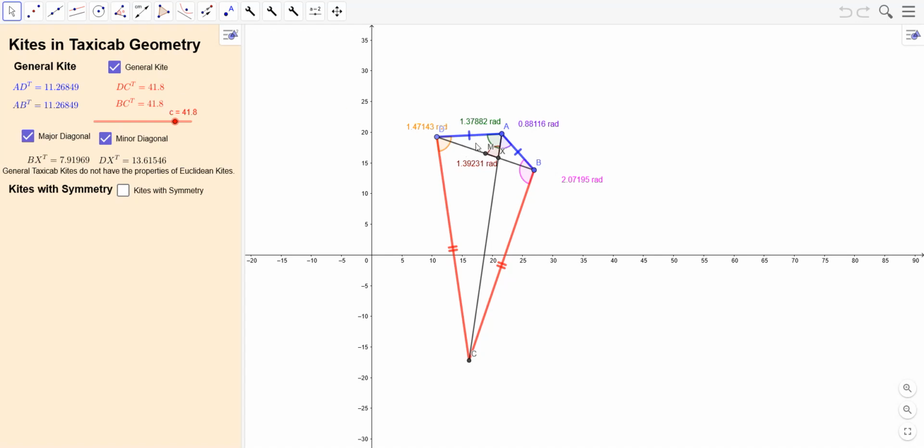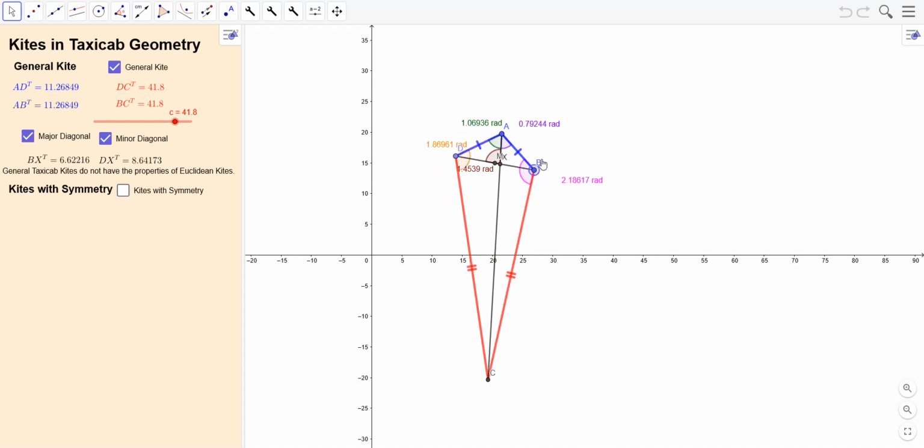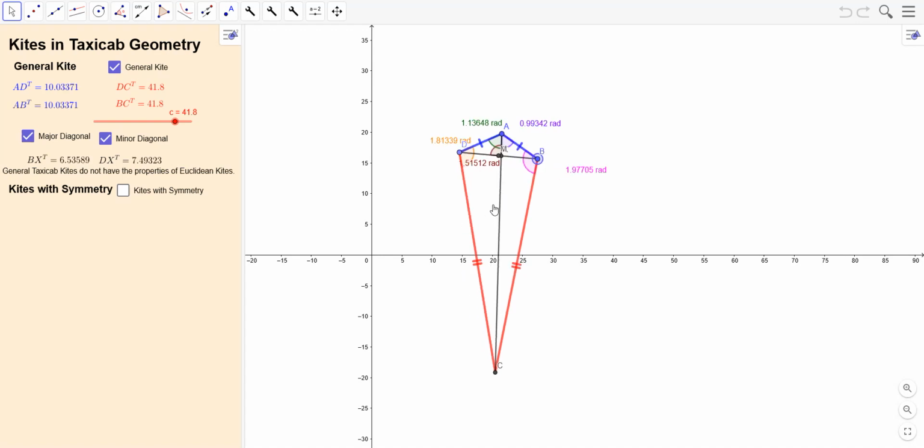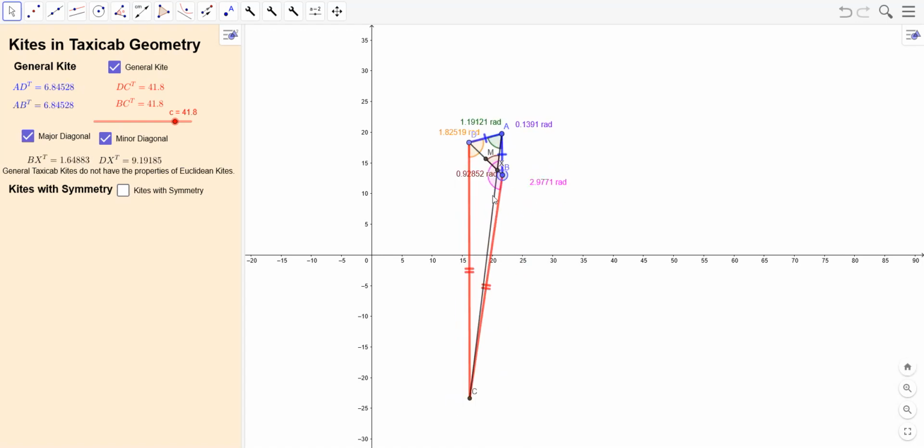You can build it exactly the same way. I don't remember if I did this the same way or not, but you could build it basically the same way. But notice that if you measure things as taxicab distances, AD and AB are the same length, DC and BC are the same length, but you can see these triangles are not going to be congruent in general.